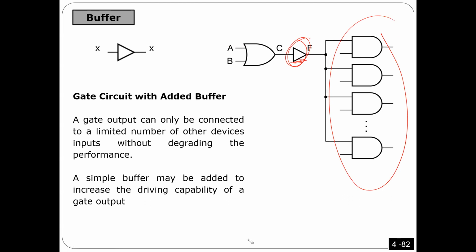Because in this case, I'm going to take a little current from here, and then I'm going to output much more current to drive the other ones. Okay, any question? So if you see a triangle like this one, you know how it works. It doesn't do anything regarding the variable, input equals output. Okay, input equals output, but it's important regarding the current.